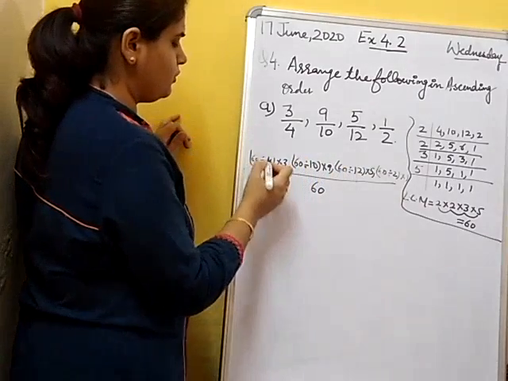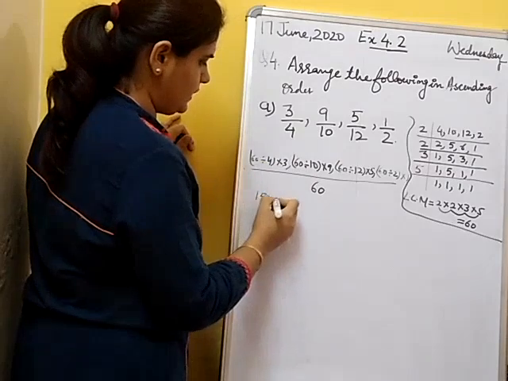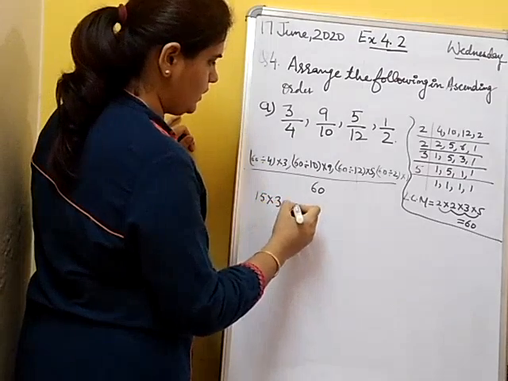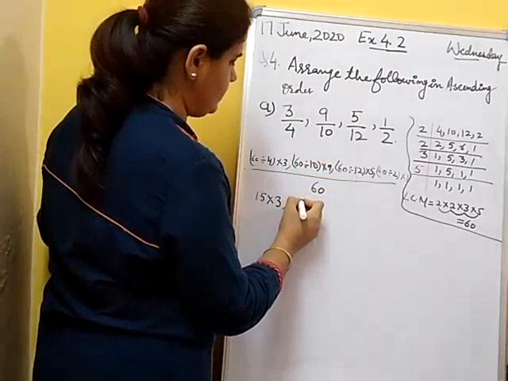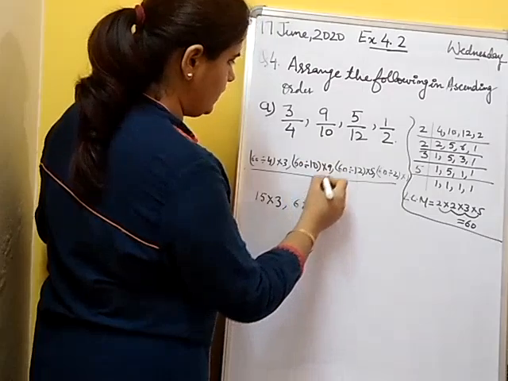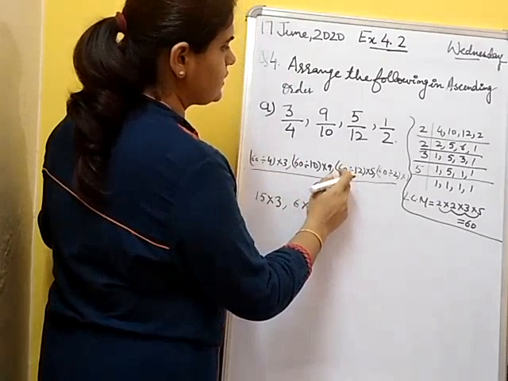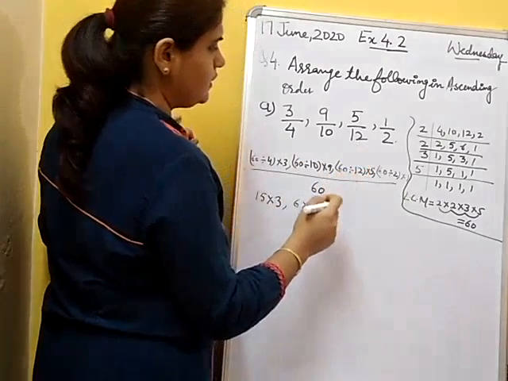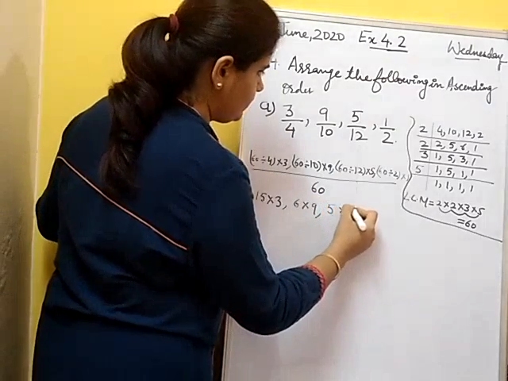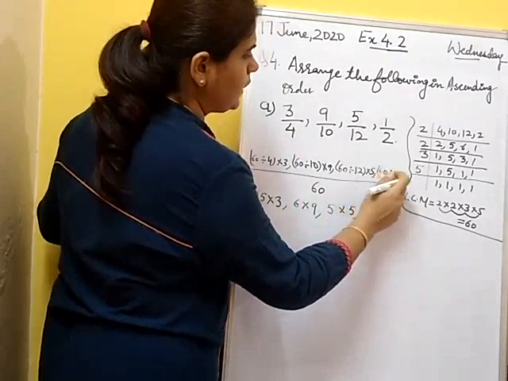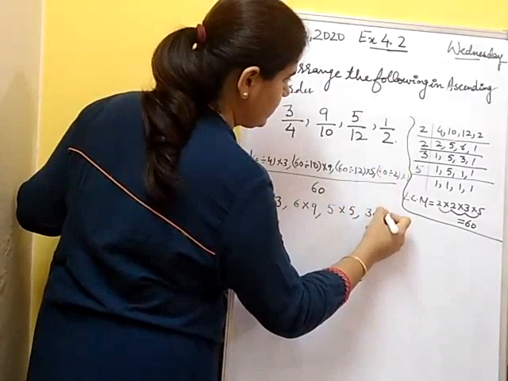60 divided by 4, that will be 15 multiply 3 comma, 60 divided by 10, that will be 6 multiply 9 comma, 60 divided by 12, that will be 5 multiply 5 comma, 60 divided by 2, that will be 30 multiply 1.